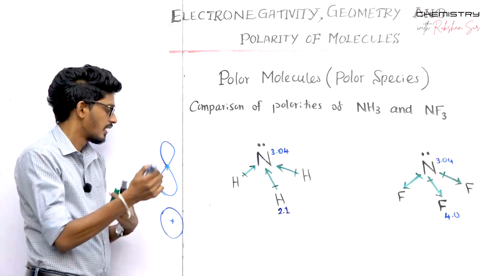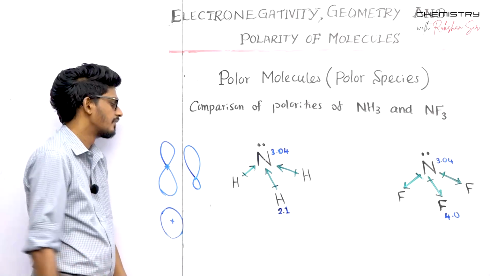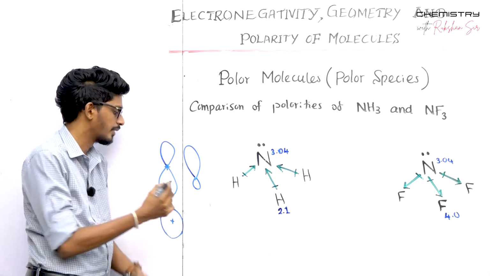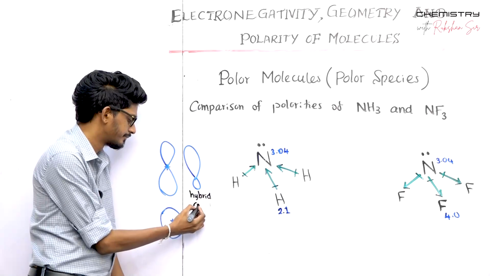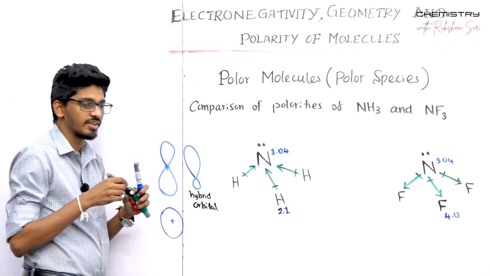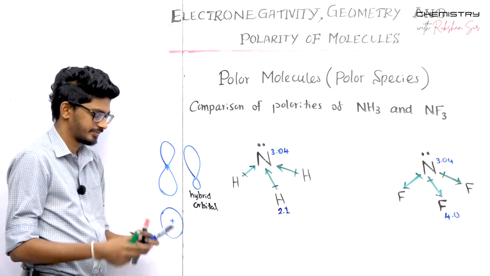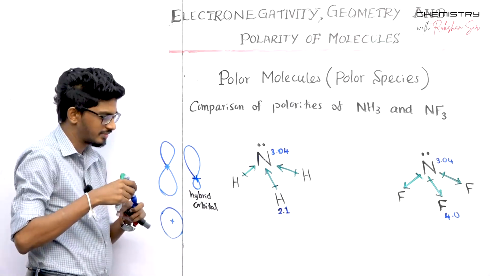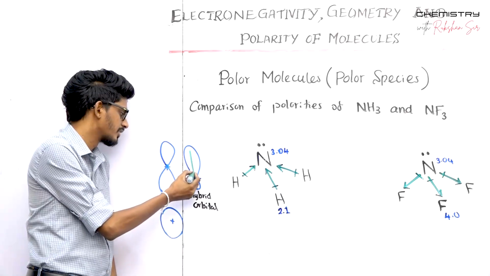But when it comes to hybrid orbitals like this, the two lobes are of two different sizes. Electron densities are not that symmetrically distributed. So you have the nucleus here, and you can mark the two electron distributions like this.